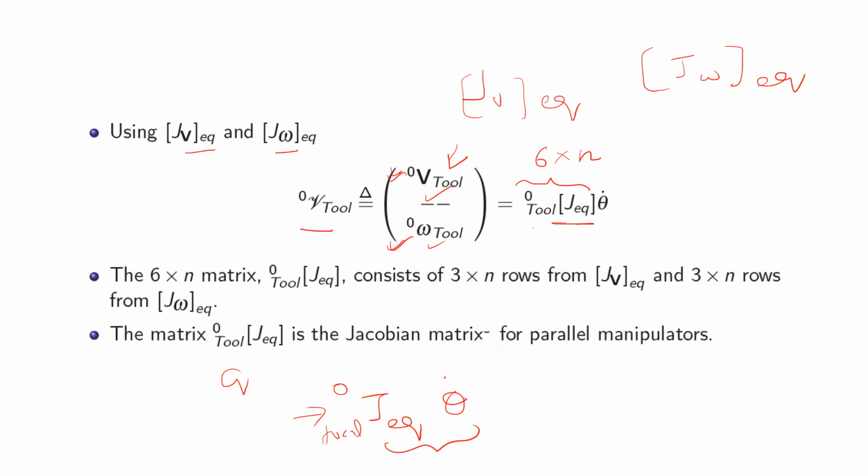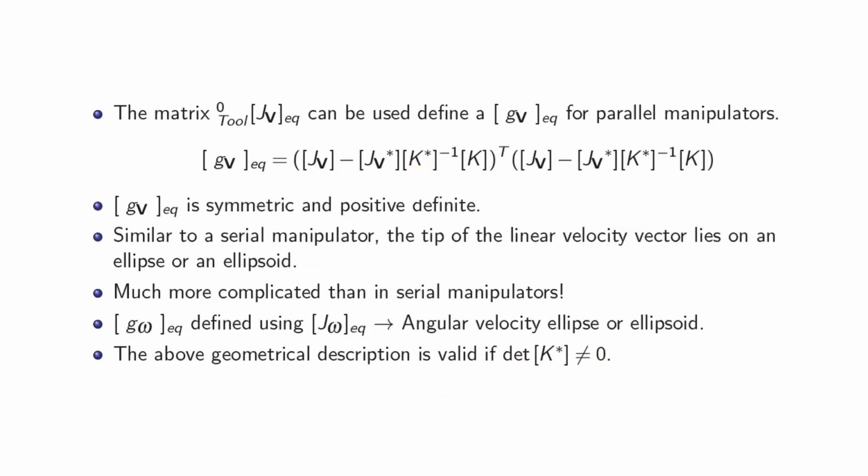Right. So very similar to the serial manipulator Jacobian matrix, except now that we have taken some effort to eliminate the passive joint rates and obtain an equivalent Jacobian in terms of only the actuated joint rates. So like serial manipulators, this can also be used to define the Gv equivalent for parallel manipulators.